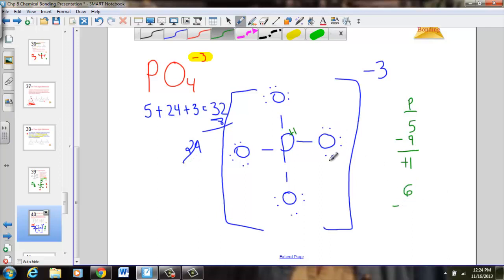It has 1, 2, 3, 4, 5, 6, 7 electrons assigned to it. Oxygen has a formal charge of -1. Every one of them has a formal charge of -1. They're all identical. So is this an ideal Lewis dot structure, or can we rearrange to alleviate the formal charge on the central atom phosphorus?